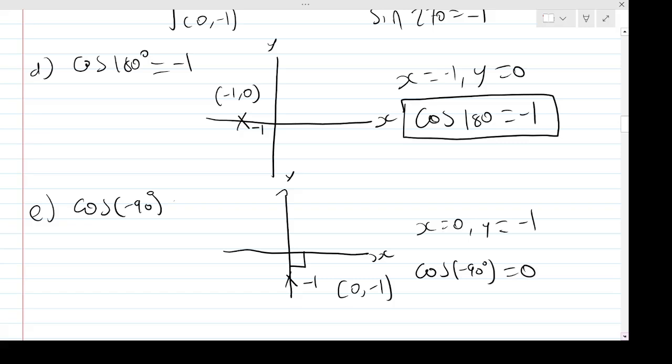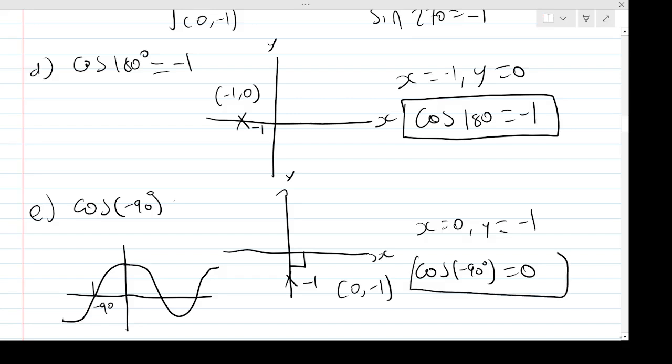And there we are. So we can work out the negative part of the angle, which is where we get the negative part of the trig graphs. So remember, the cos graph looks like this. We can also go on the negative angles as well. Well, this would be -90 there, which indeed is 0. Hence, there we are.